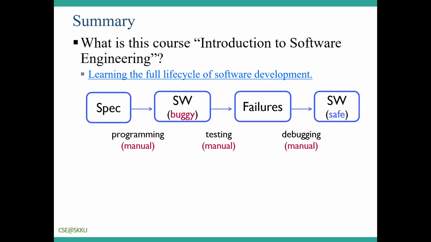Okay, so to summarize, this gentle introduction to software engineering course offers an engaging journey through the full life cycle of software development, from writing documentation to implementing software, identifying bugs, and applying various techniques to fix them.